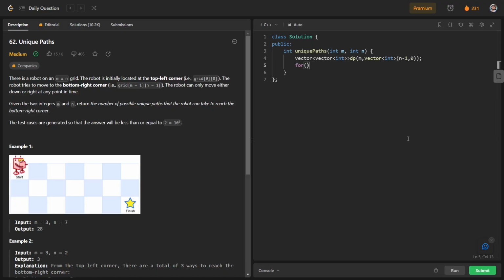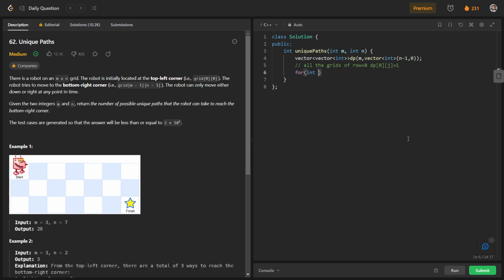So talking about the first row, I will write here, all the grids of row equal to 0, dp of 0 comma j will be nothing but 1. So that's what we will do.